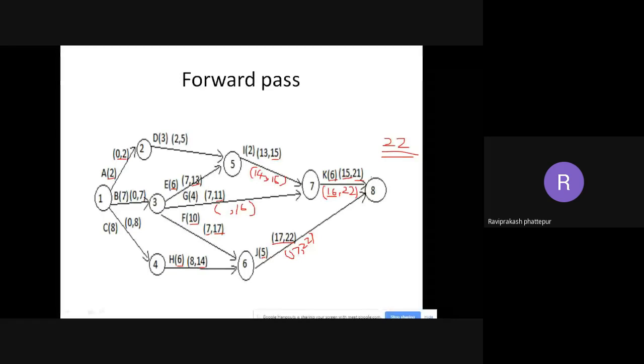Similarly, while going forward, whatever the ending point is, it will be the start of the next. Backward we are going now, so we need to focus on 16. 16 is the ending here, so 16 minus 4 is 12. So this will be 12 comma 16. Why is this 12? Because the duration is 4 here, so I have to subtract 4 from 16. 16 minus 4 is 12.